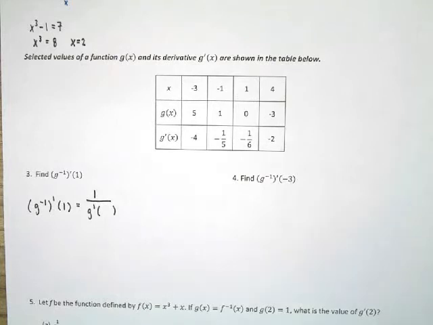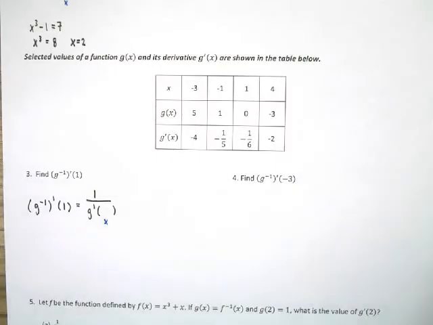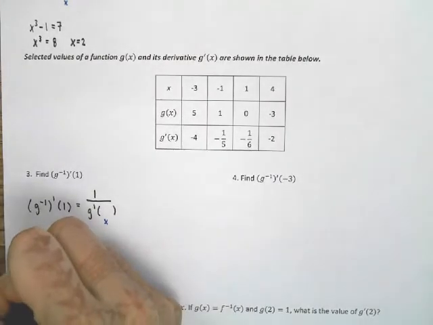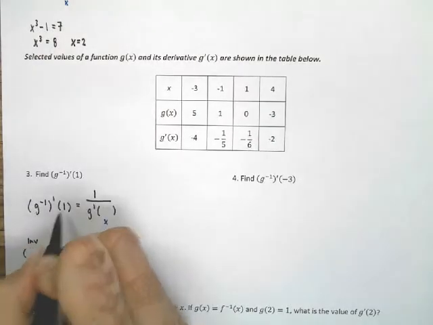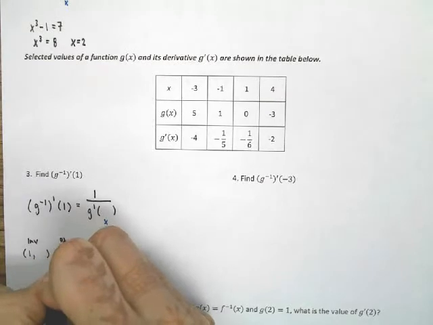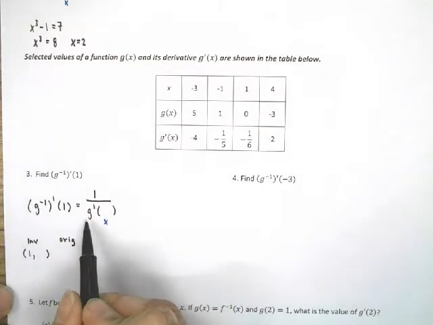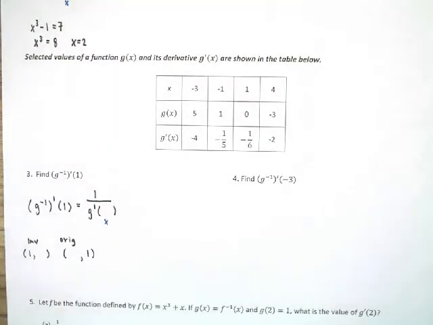Now, again, my question becomes, what x value do I put here? So let's take a look. My inverse function right here has an input of 1, which tells me my original function g must have an output of 1.